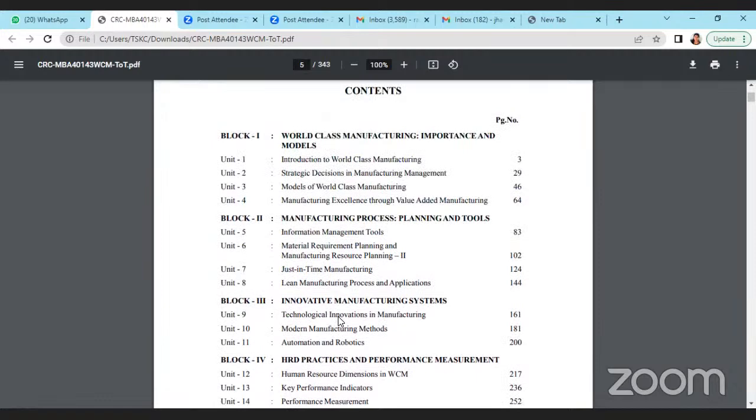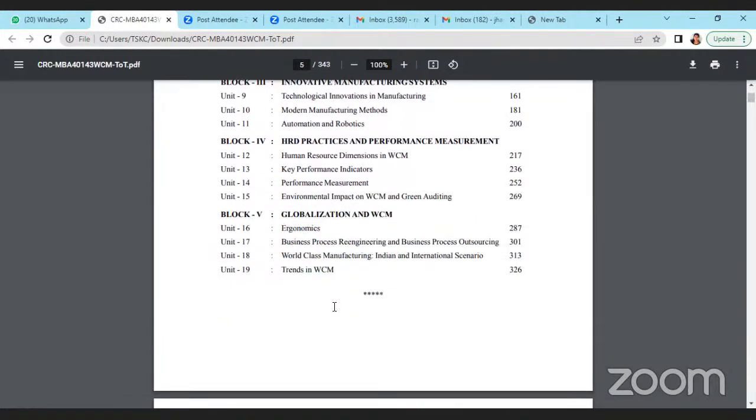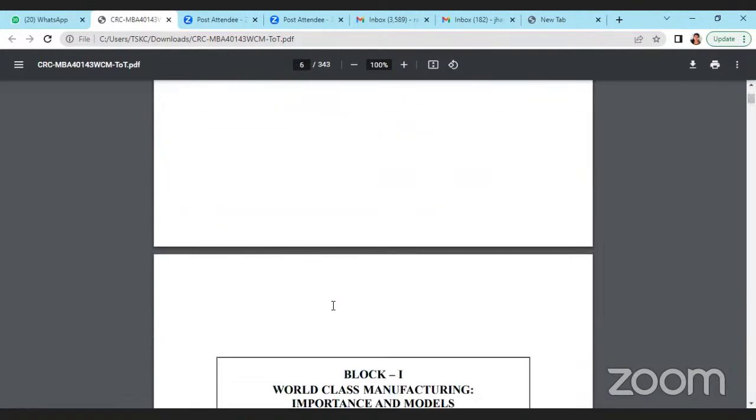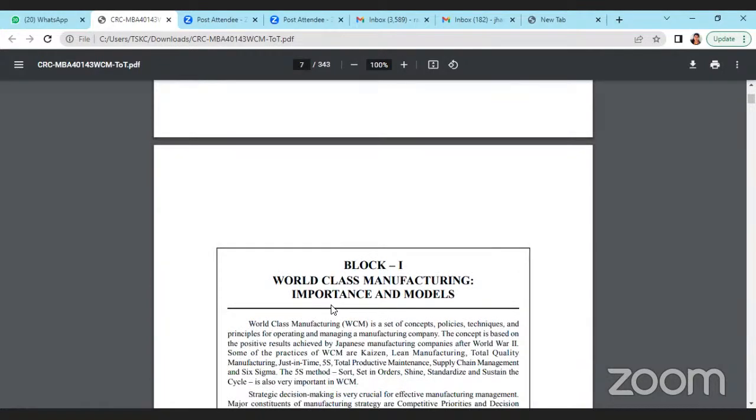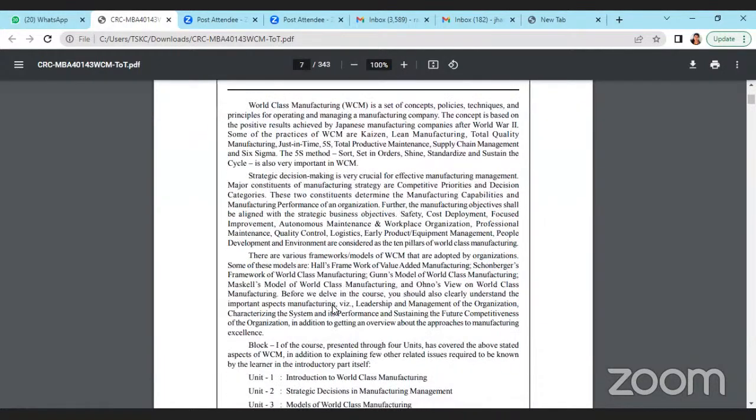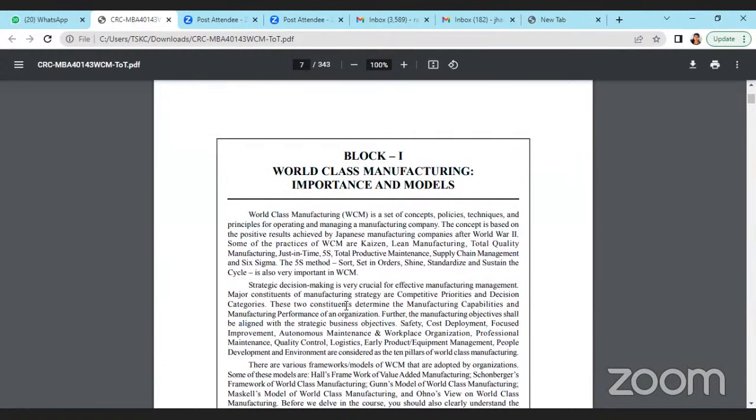Now first we'll discuss world-class manufacturing, its importance and what different models are available. To start the discussion, we need to understand what manufacturing is and how these models have evolved, and the reason behind that. That must be known.